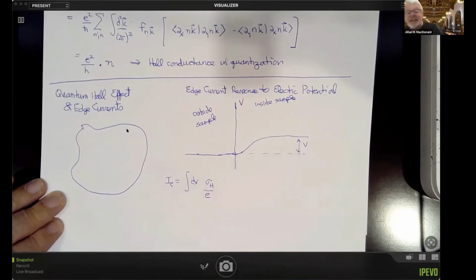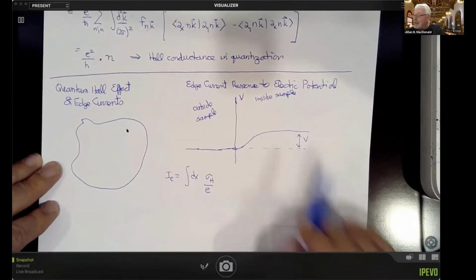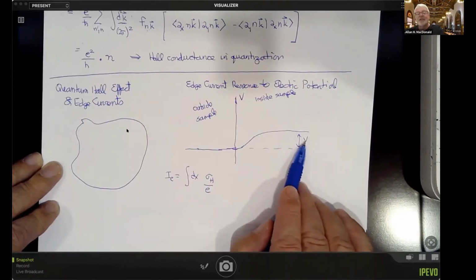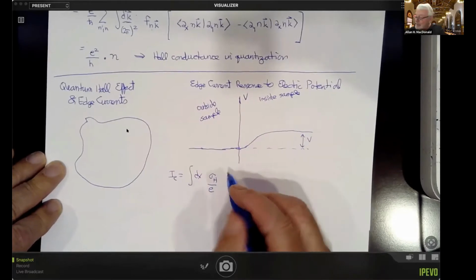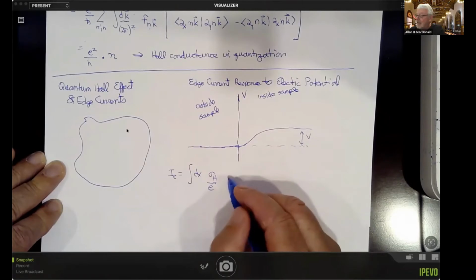I put a 1 over E in the denominator just to make a distinction between the potential energy of the electrons, which is V, and the electric potential. But the current density then at a given point is proportional to dV/dx.